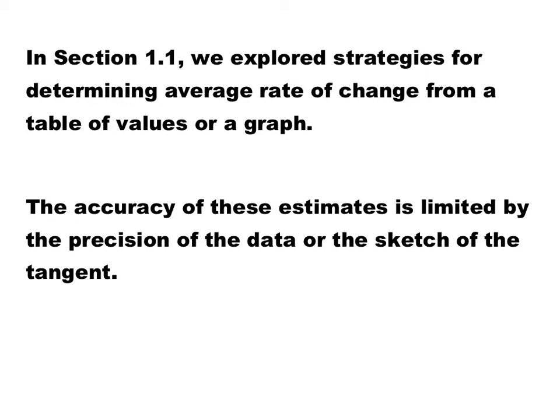Now, as you're aware, this rate of change all depends on how accurate the data in the table of values or the sketch of the graph is. Now, what we are going to do in this section is to find a much better strategy to find the rate of change if the equation is known.